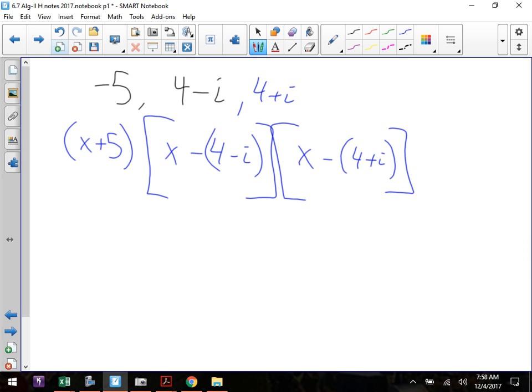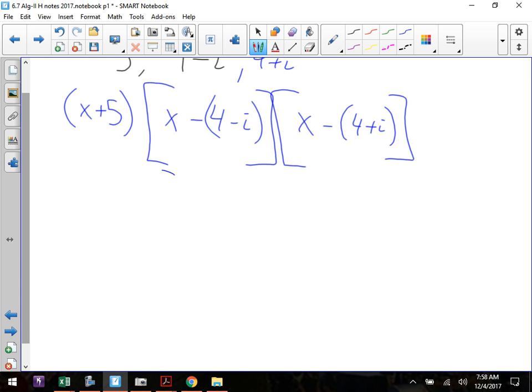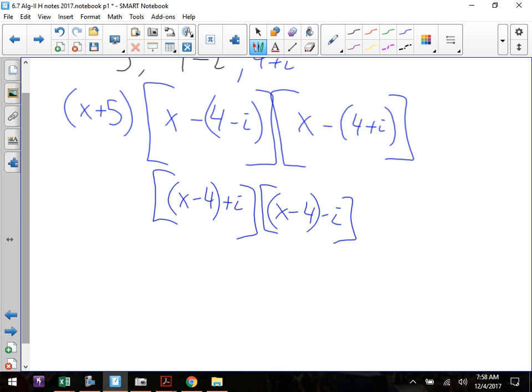And usually after you do one of these or 2 of these, you'll see the pattern. And that's why I like to use this u substitution, because it kind of involves it out real quick. Just like earlier, distribute. And now I'm just going to group.